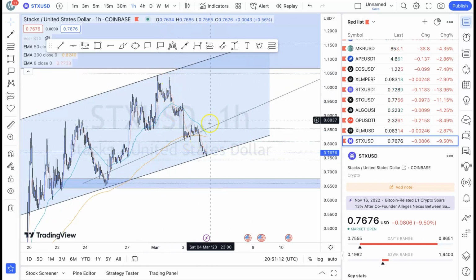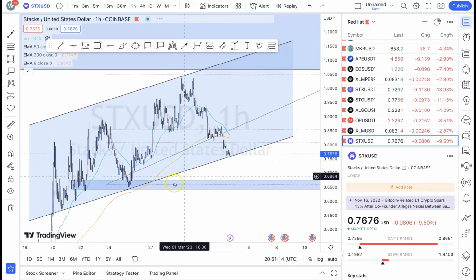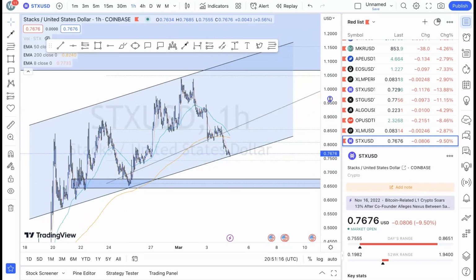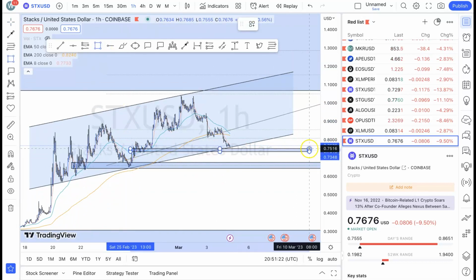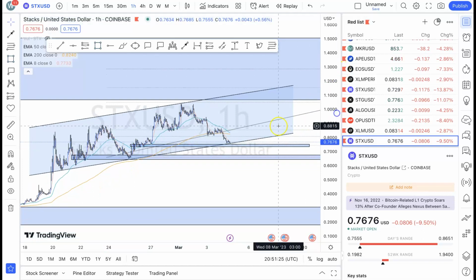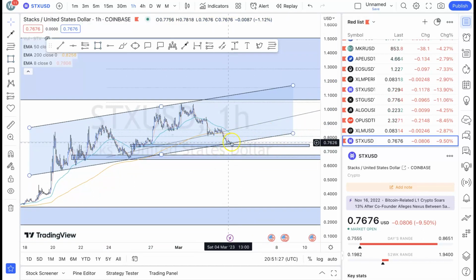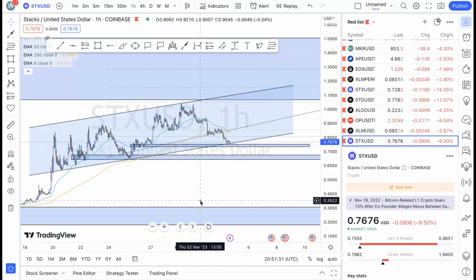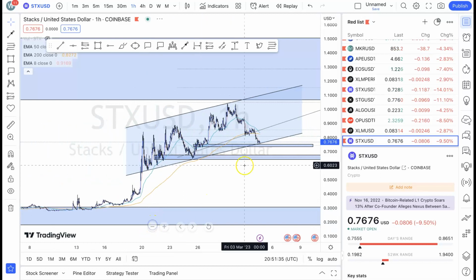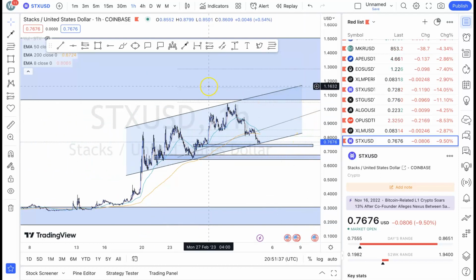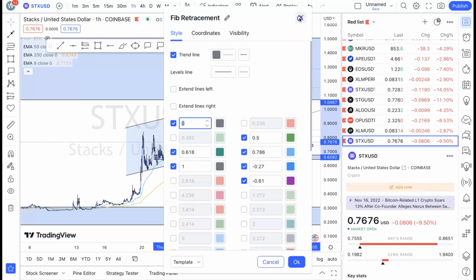So at some point the market is going to respond. This looks like a strong level, and of course there's also a level here, so could be an area to look out for longs, right? But long term, I think Stacks is going to hit $1.2, judging from my overall bullish bias of the market.